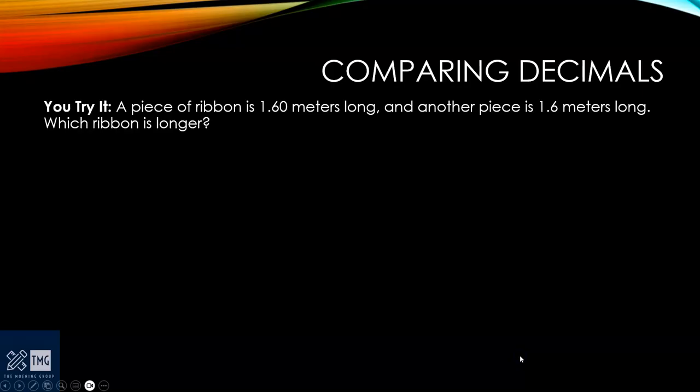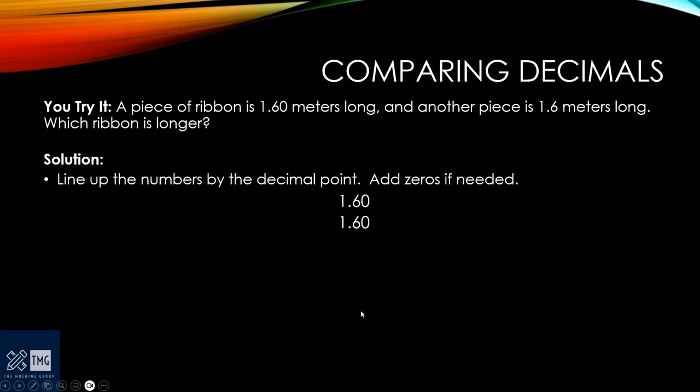Let's do one more. This is a you-try-it one. You try this one and then come back and see if you get it right. We have a piece of ribbon that's 1.60 meters long and another piece is 1.6 meters long. Which ribbon is longer? Well, you might look at this and your answer might already be there, but if we're going to line up the numbers by the decimal point, we're going to add the zeros.